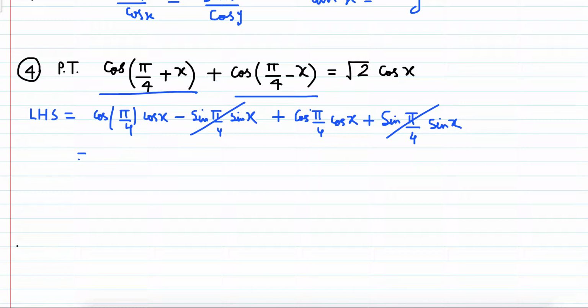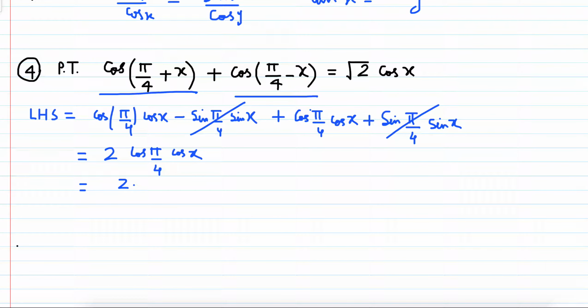So we can write 2 times cos pi by 4 cos x, and cos pi by 4 we know is 1 divided by root 2.